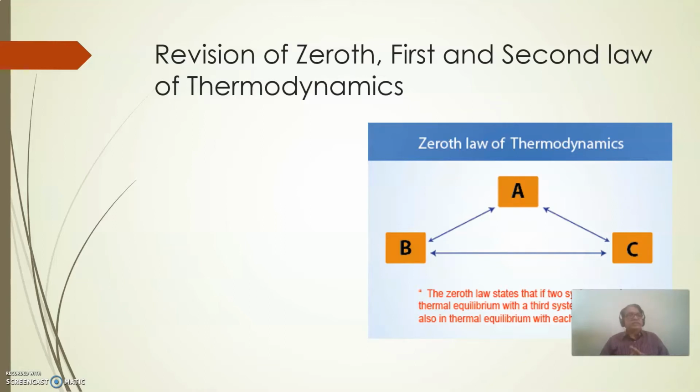If we take this as a system, let A be the glass thermometer body, and B the mercury. They are in equilibrium with each other and with a third body, whether it is the atmosphere or a bucket of hot water. You just put the thermometer in the bucket of hot water. After some time, A, B, and the water, the third body, become in equilibrium, and then what we get is the temperature of the water.